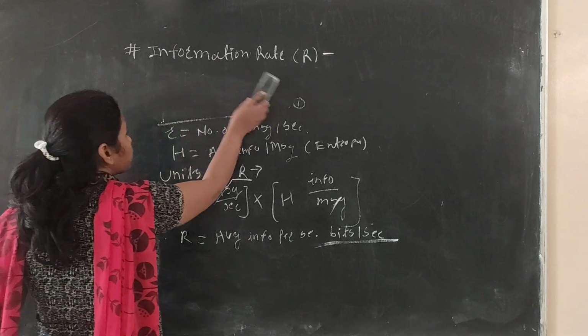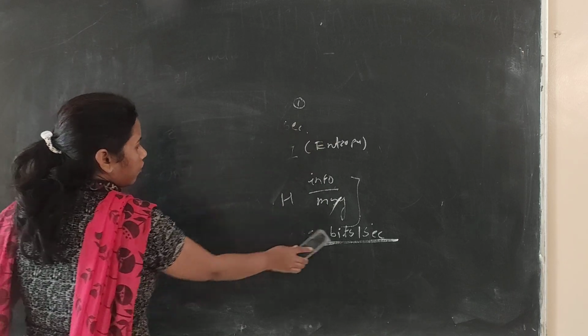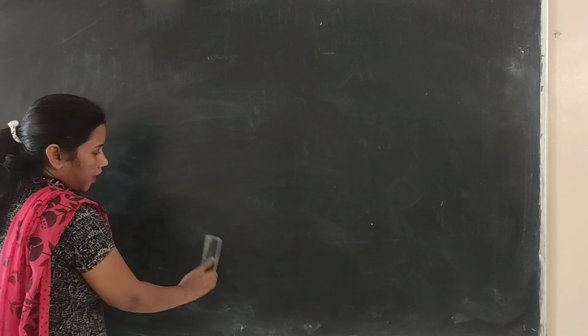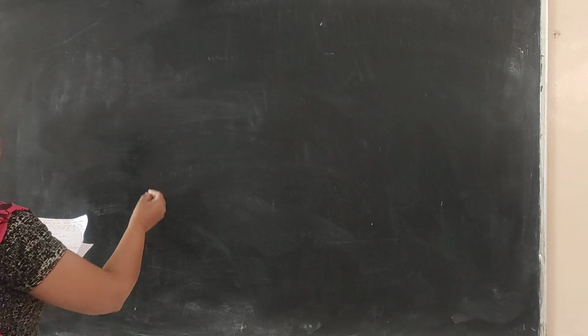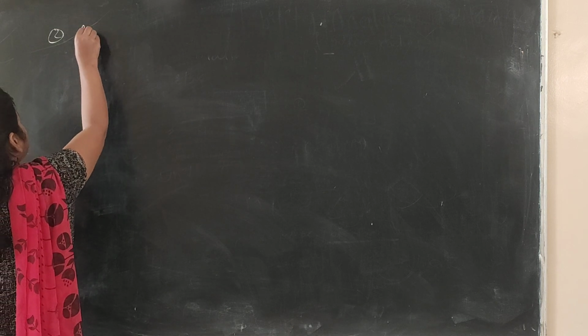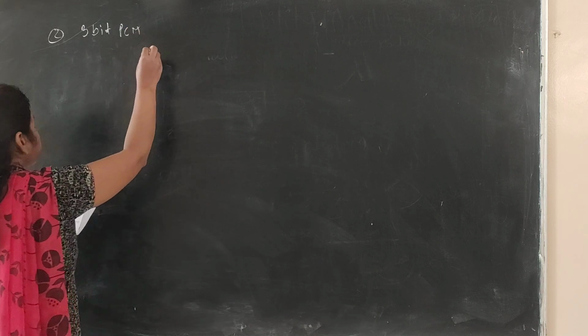Now by using these two formulas we can solve the numericals that have come in the university question paper. That's why we will go for the numericals, as there is a numerical on a 3-bit PCM system.